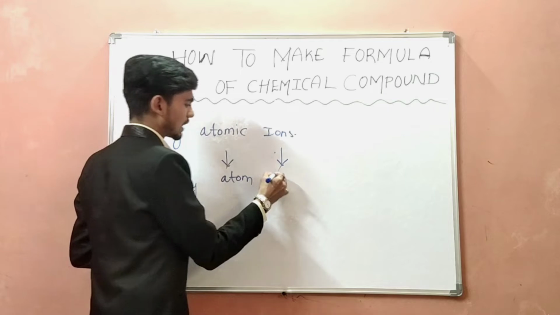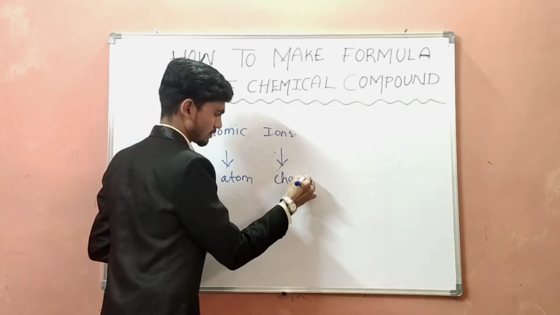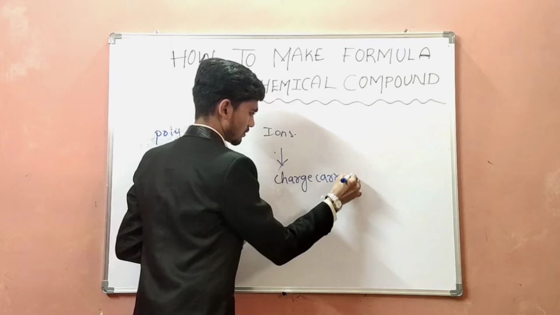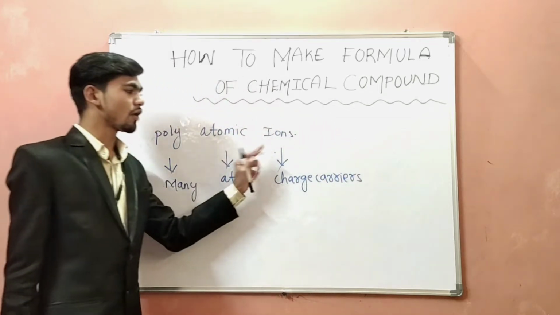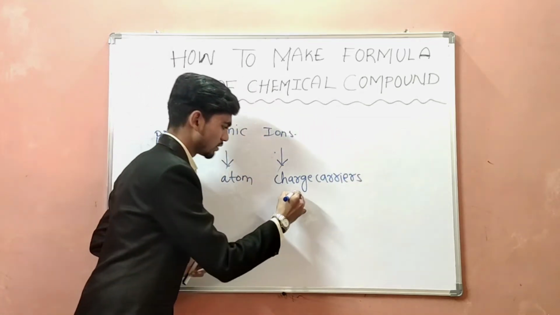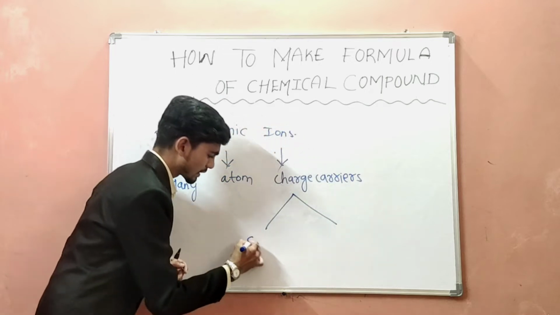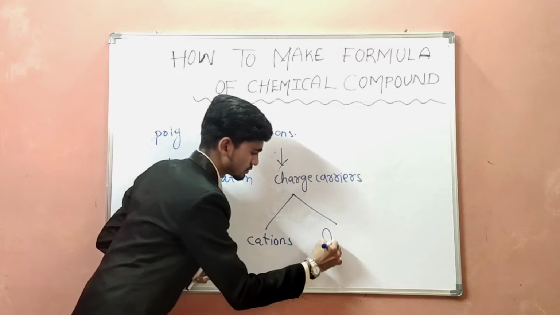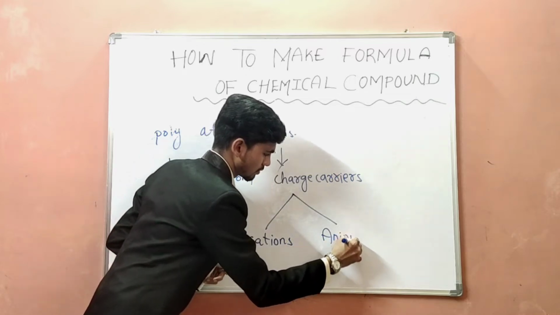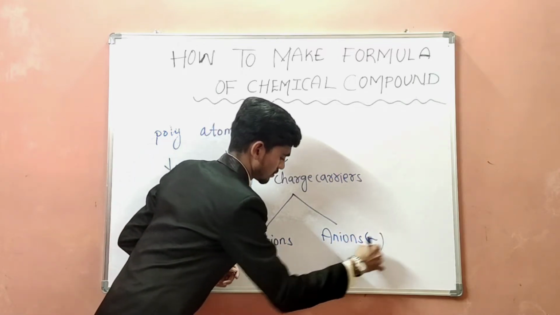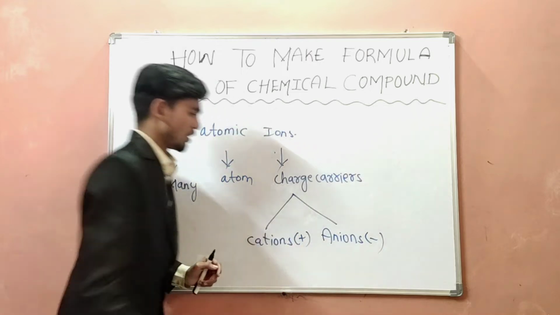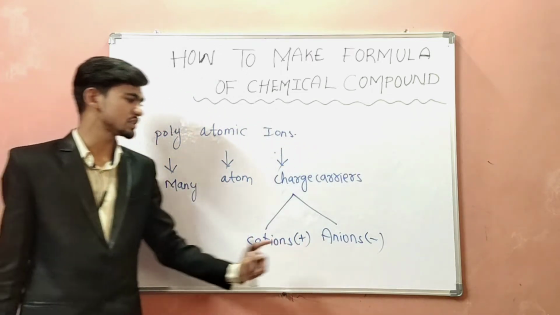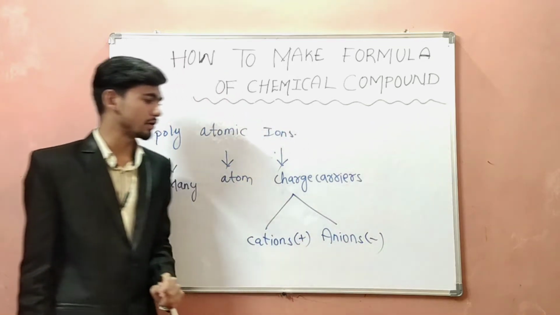As we know, ions are charge carriers. Ions are of two types, cations and anions. The positively charged ions are known as cations and the negatively charged ions are known as anions.